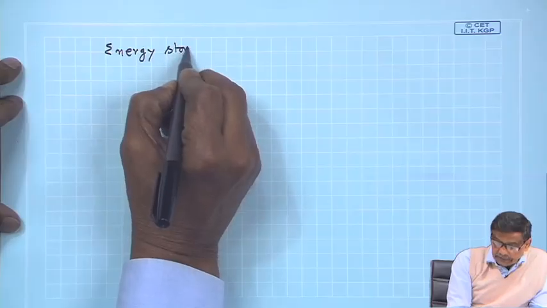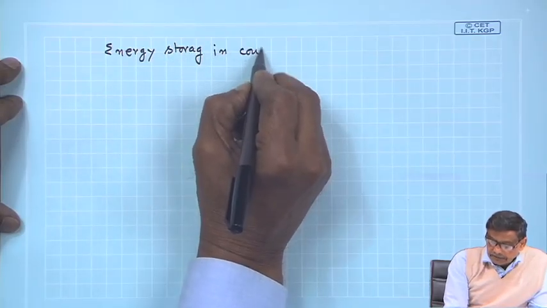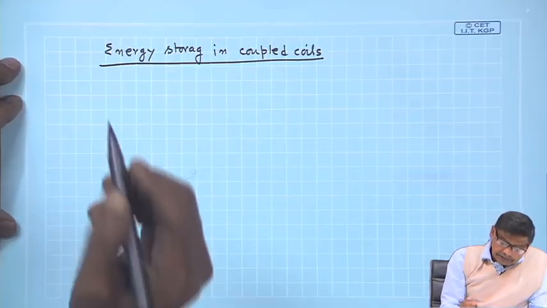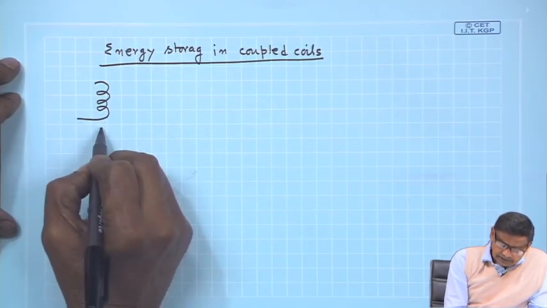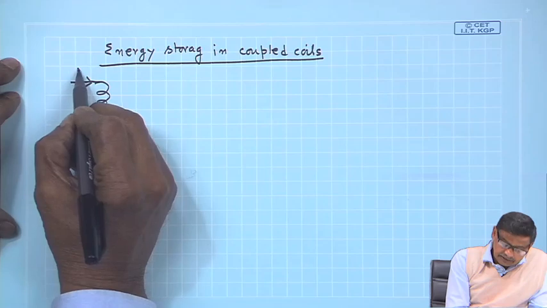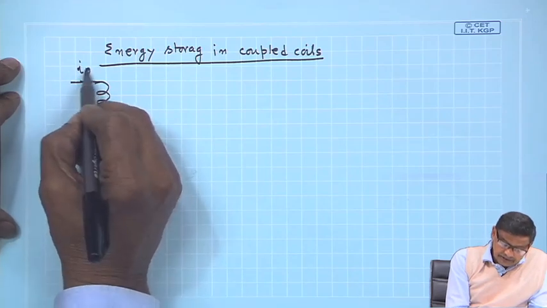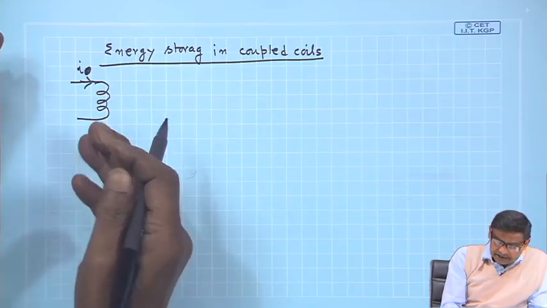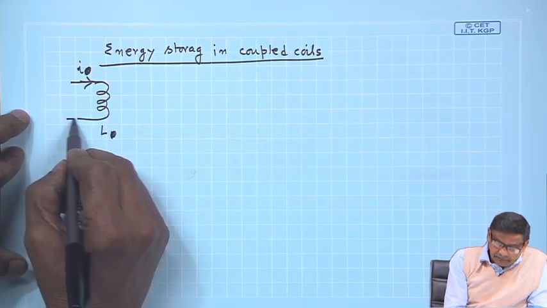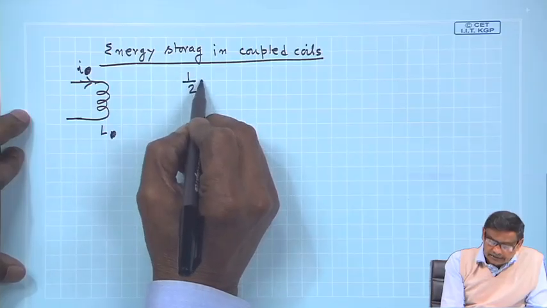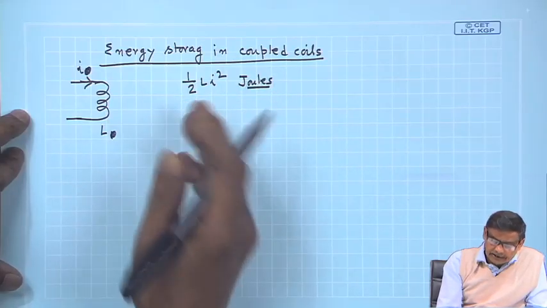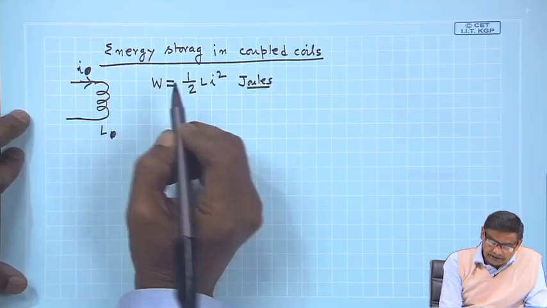First, suppose we have a single coil with self inductance L, carrying a current I. We know that the energy storage is half L I squared joules, provided L is in Henry and I is in ampere.